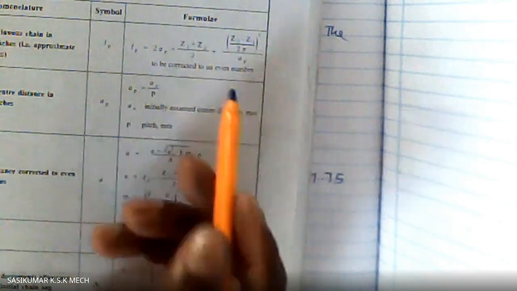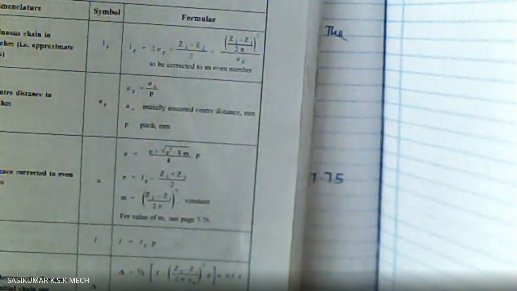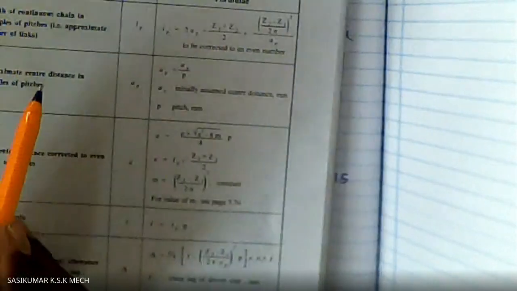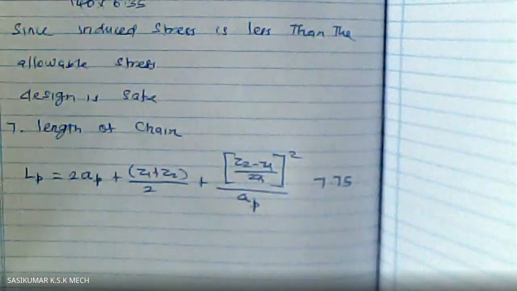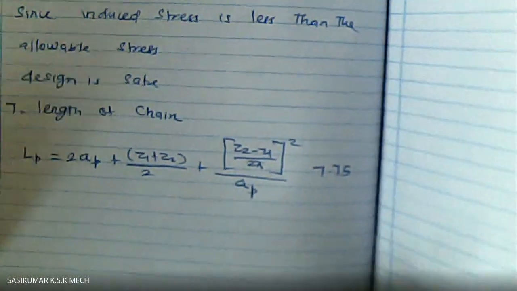Okay, so this is the length of a continuous chain in multiples of pitches. That is given over here. Here AP is A naught by P, so first we'll find AP.